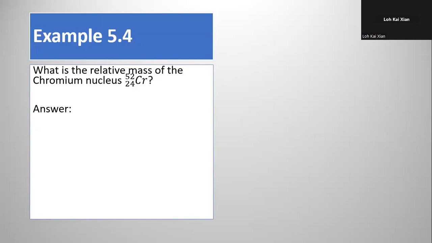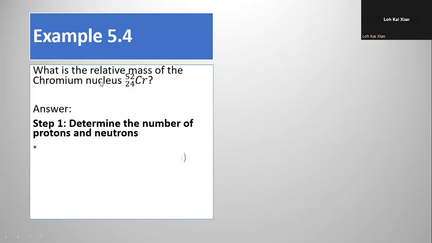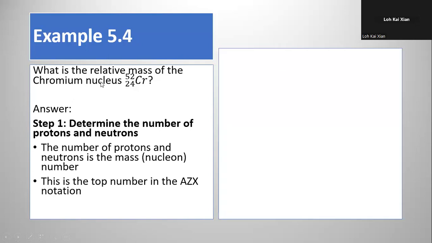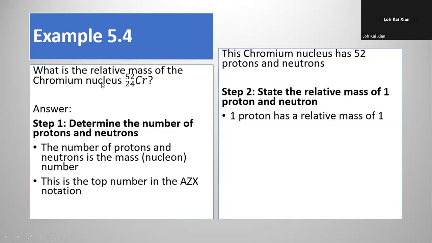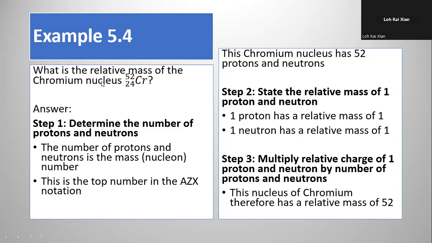Just instead of calling it mass number, you call it relative mass. If you want to find the actual mass, then you have to multiply by the mass of a proton. Okay, if you are all right, we carry on. 52 is the correct answer.